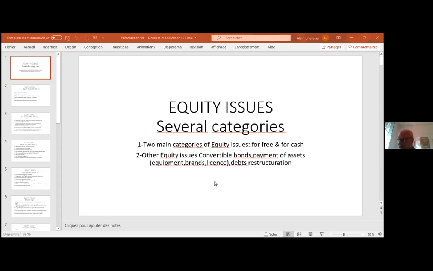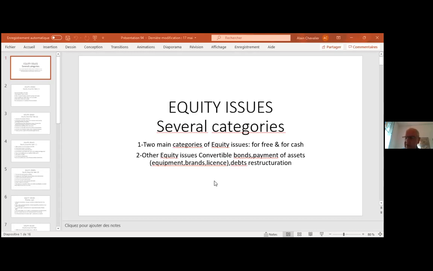We already went through the loans and debts issues, and I want to go into details on equity issues with an analysis of the policies behind and also a few calculations.